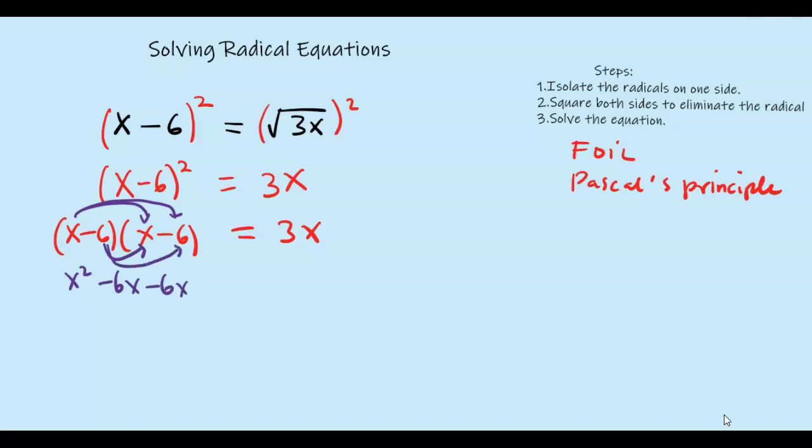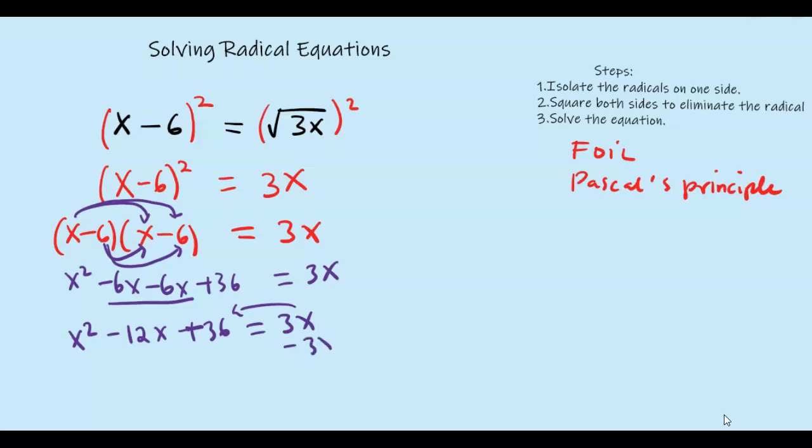Multiply that, and we get 36. So the middle is like terms. As a quadratic, we have to bring all of them to one side. So we get x squared minus 15x plus 36 equals 0.